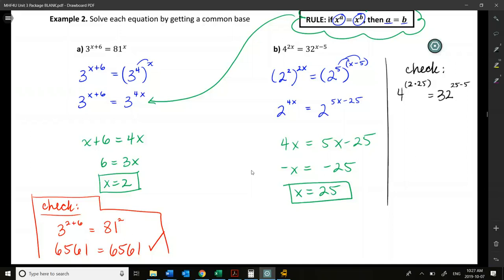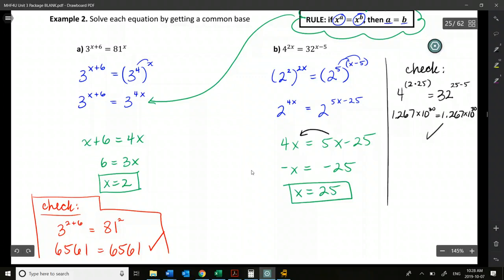I got 1.267 times 10 to the exponent 30 for 4 to the 50. And then if we do 32 to the 20, I got the same thing. So, good. I moved the 5x over, and I got 4x minus 5x, which is negative x.